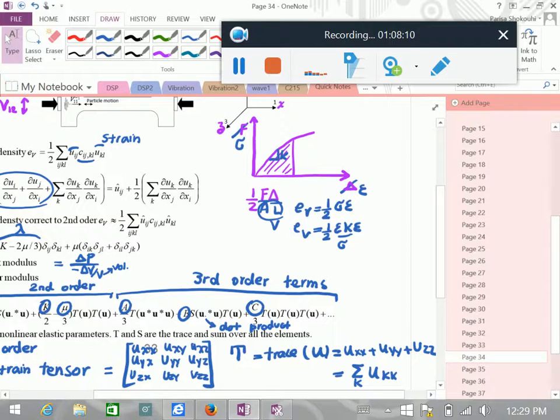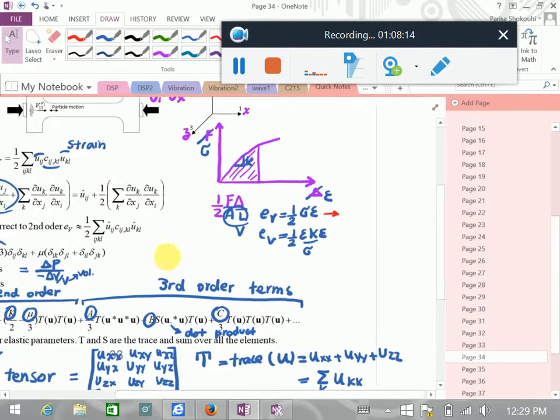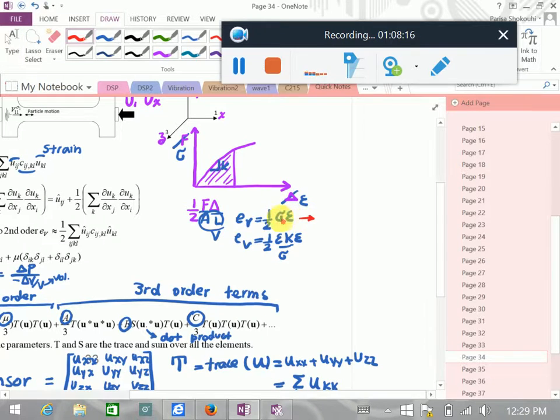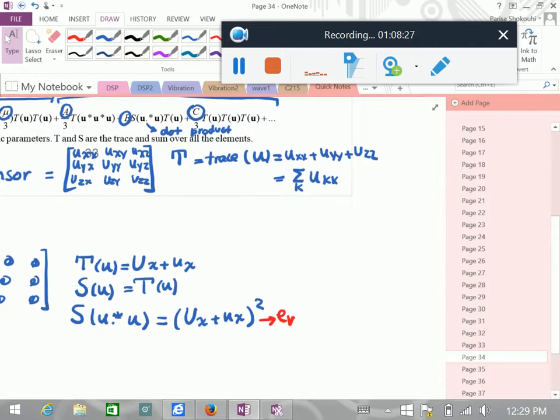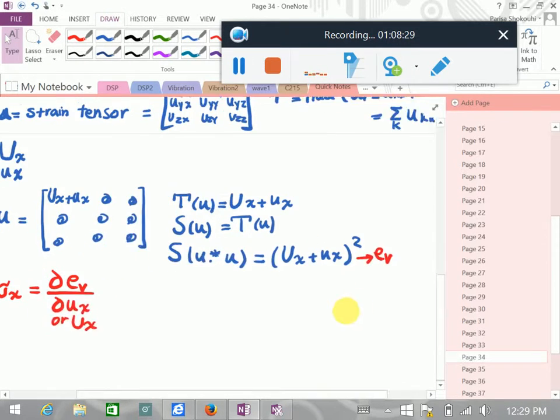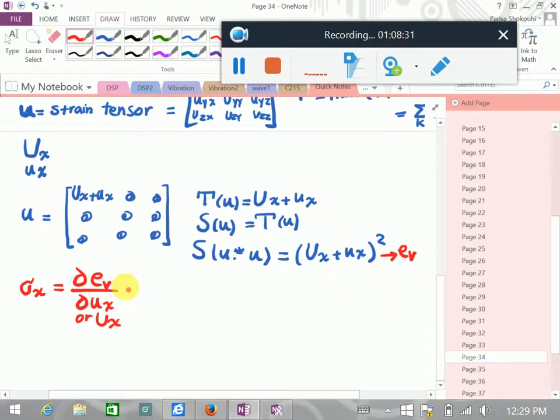If you want to get sigma here, you can use the derivative of EV with respect to epsilon. So from that, we can calculate the relationship for sigma x.